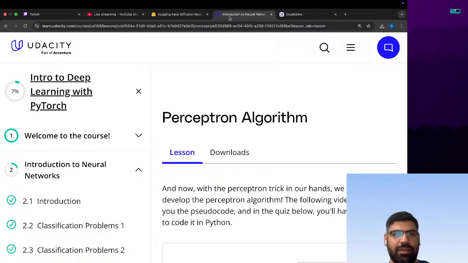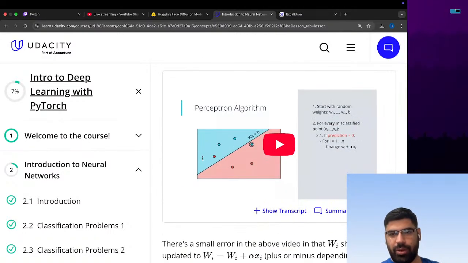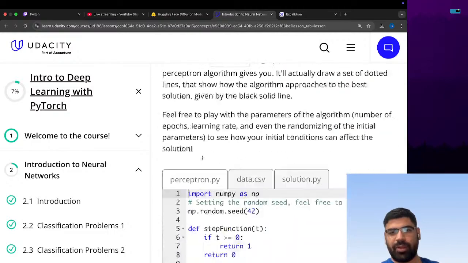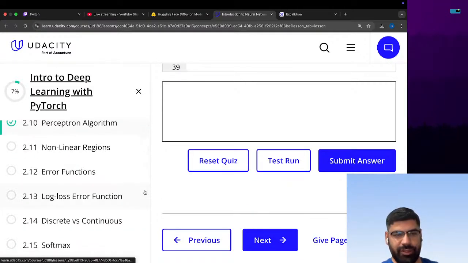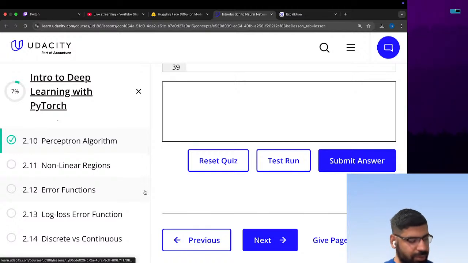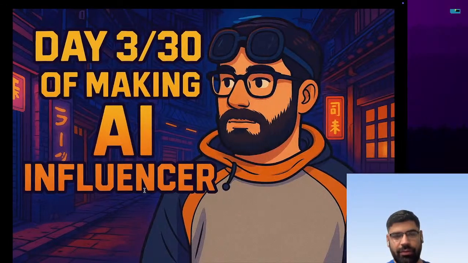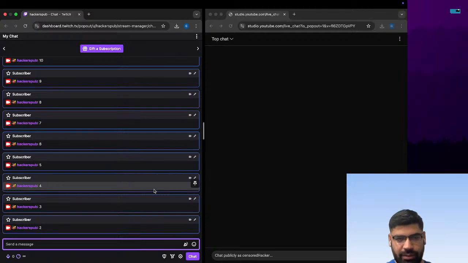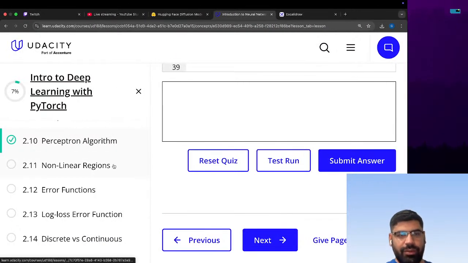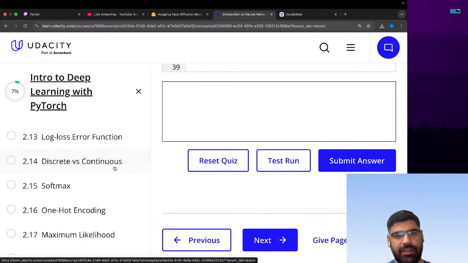With that being said, let's get into our Udacity course, the perceptron algorithm we were talking about yesterday, where we had some of the code and a test run. Let's get that done first. I'll go over it step by step, so you will learn some Python. Along with that, we'll cover nonlinear regions, error functions, log loss error function, discrete and continuous.